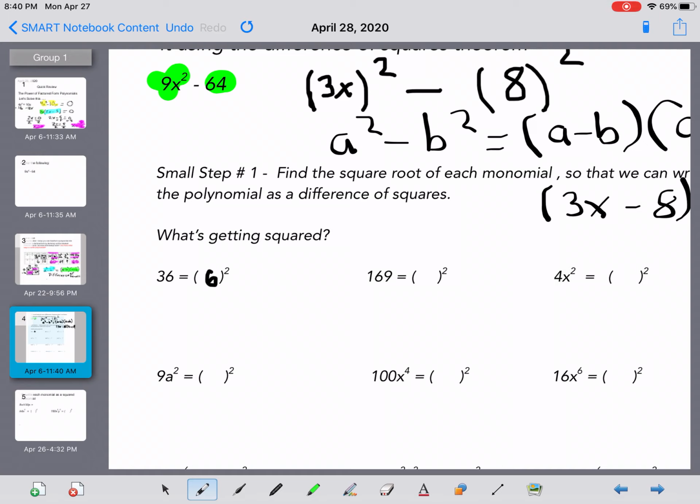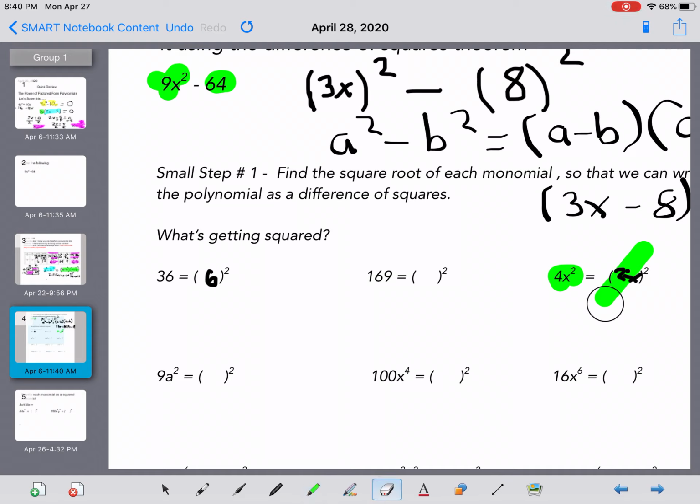What about something with a variable? 4x squared. So I'm over here. 4x squared. What's the square root of that? Or what times itself will give me 4x squared? Turns out it's going to be 2x. Let me get a little more.